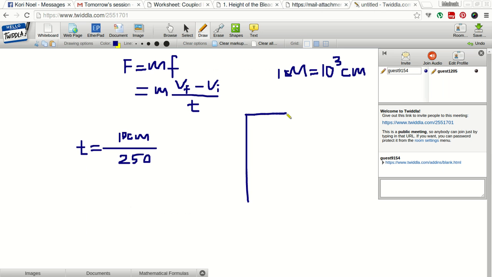I'll just draw a diagram for that. So let's say the bullet is entering the wall, and it has a velocity of 250 meter per second. Now it enters 10 centimeter into the wall and then comes to rest, correct?